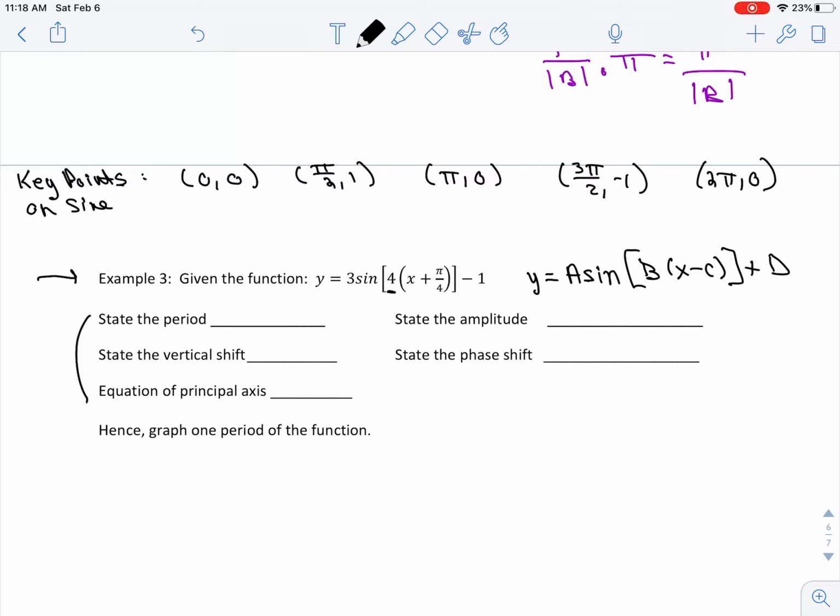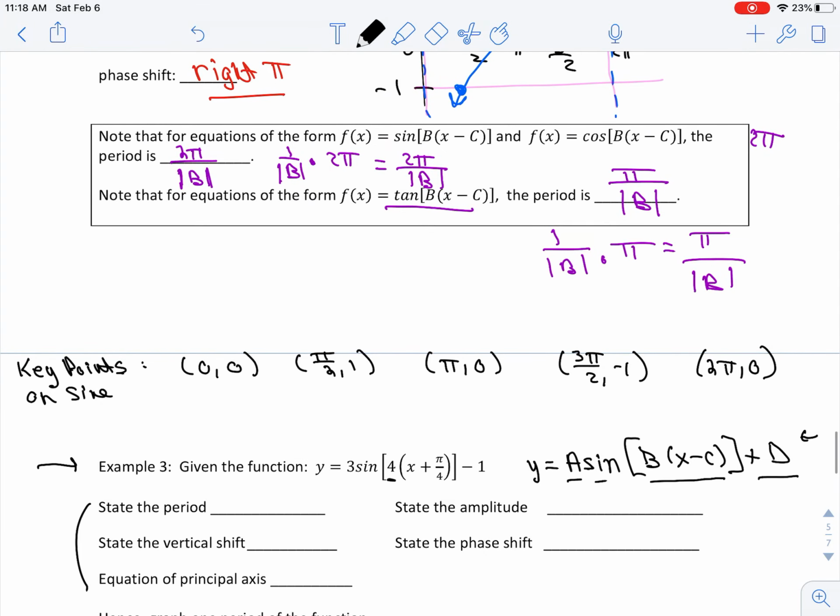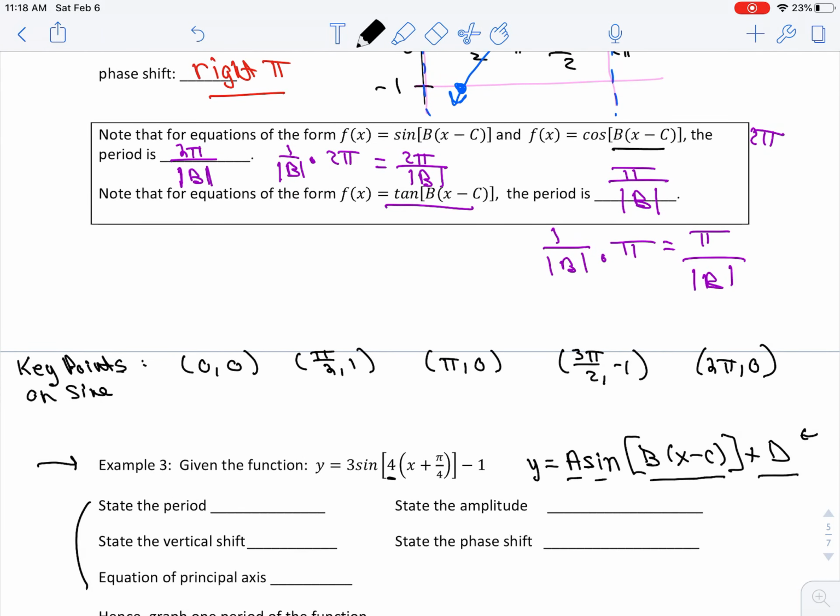But I want to stress, first of all, that once we get to this type of equation where we have all the transformations going on, the general form, the way we write it, is y equals a sine of b times the quantity x minus c plus d. And where those letters come from, if we go back one page, you can see that I made the interior changes b times the quantity x minus c.